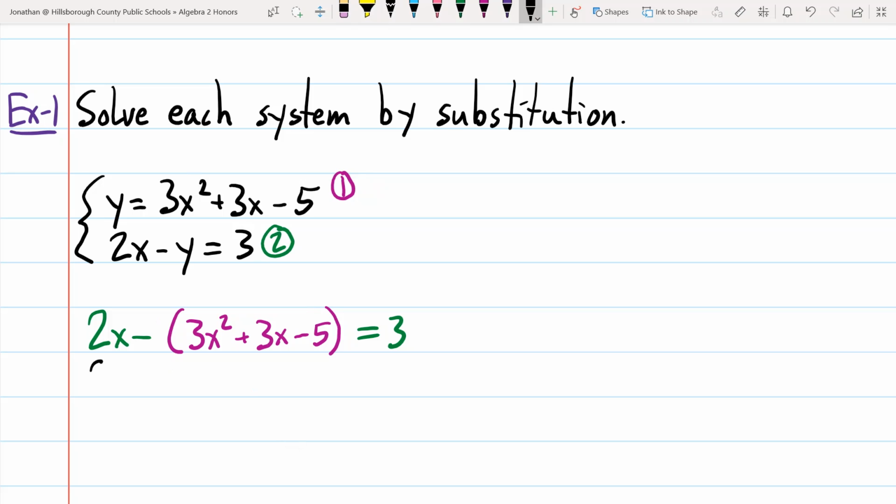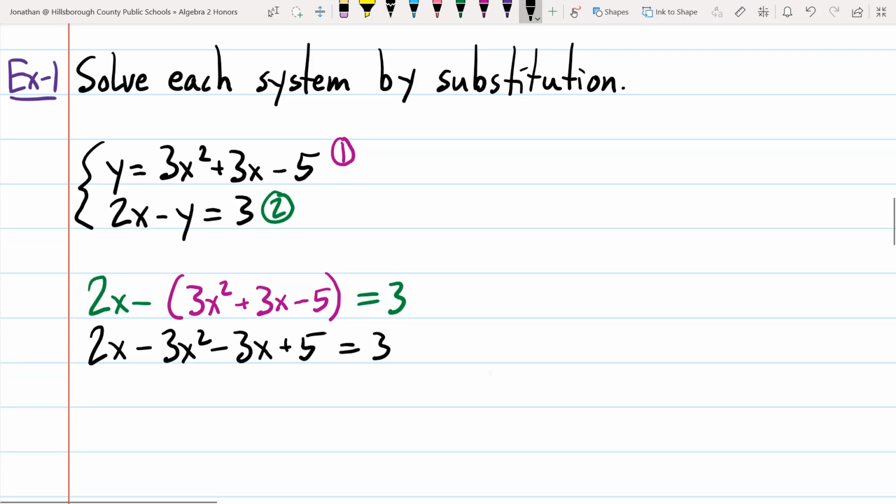Now I'm going to distribute that negative. And I'm going to combine like terms, pull that 3 over, because if we're going to use the quadratic formula or regular factoring to solve for this, everything has to be on one side.